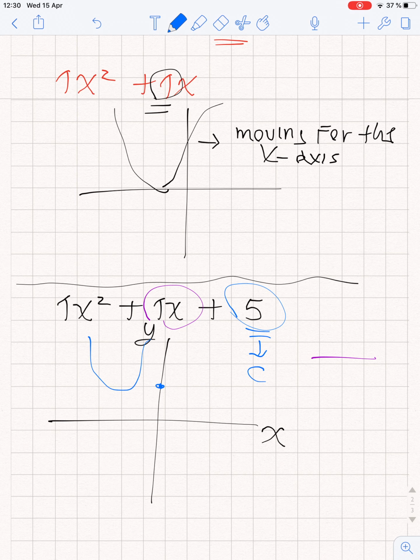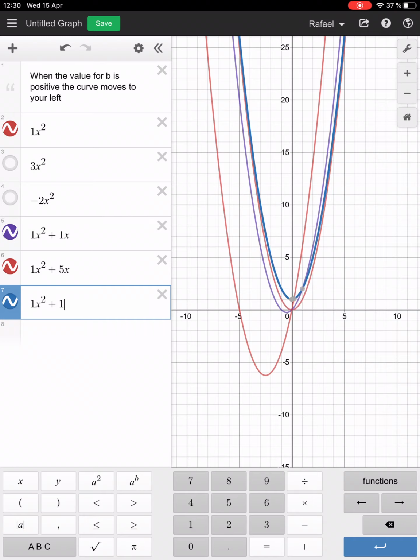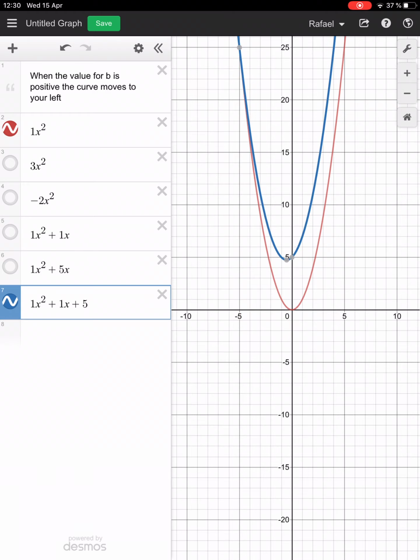Doing this in Desmos, for example, we will have 1x squared plus 1 for bx plus 5. If you see, the curve moves up 5 places.